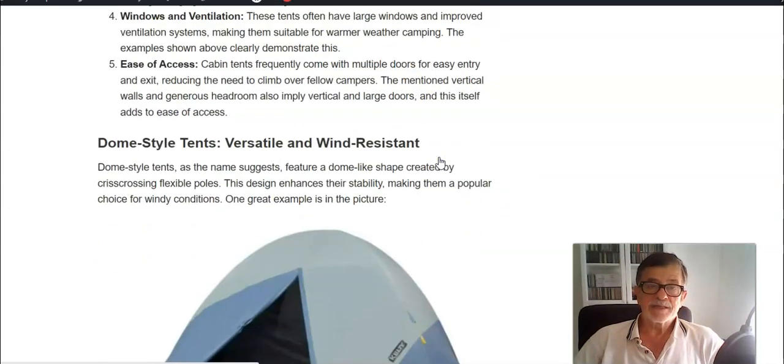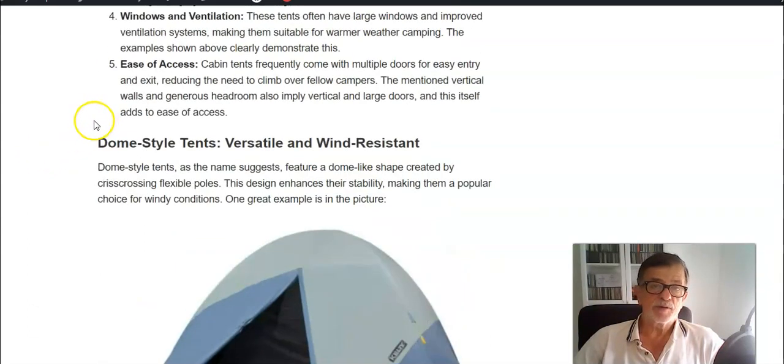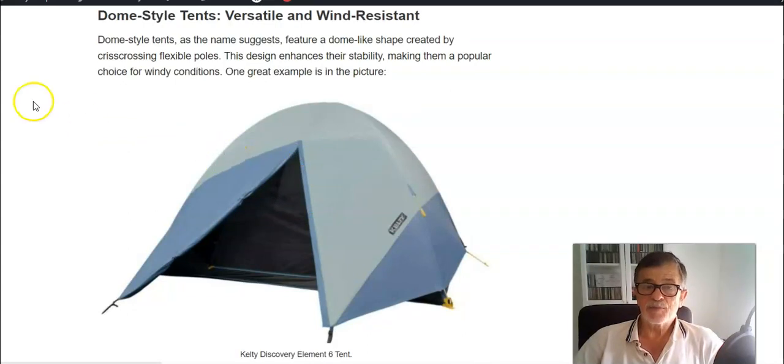Regarding dome style tents, the term dome is not, strictly speaking, correct, because dome style tents are usually rectangular at the base, sometimes square. What gives the name dome style are simply the poles, and usually you have two of them. Sometimes there is one extra or more added, and this canopy is more or less dome shaped.